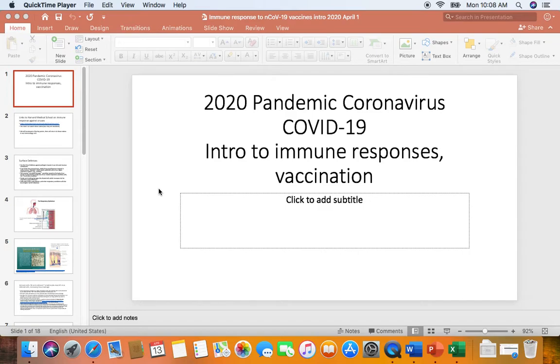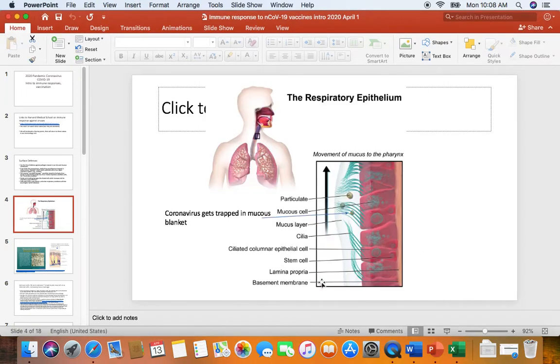Okay, so the first question, you guys, is what is the mucociliary escalator? How does it protect us against viral infections? And it's telling us to look at slides 3 through 5. So let me see if I can get down here to our slide 4.